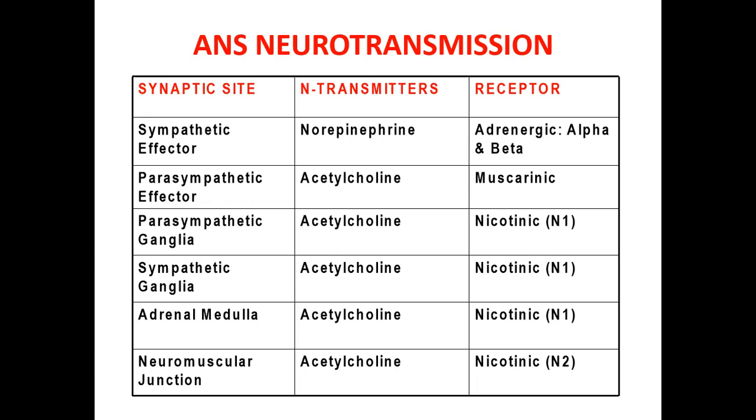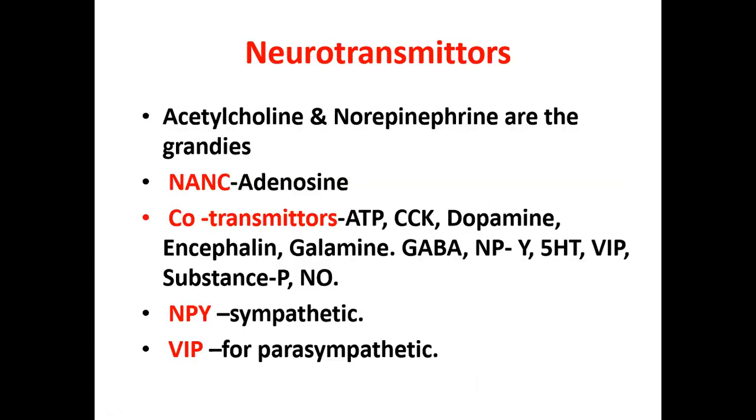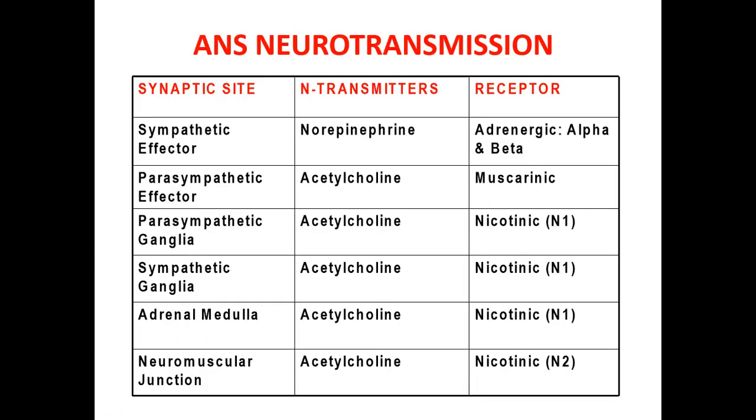In the adrenal medulla, acetylcholine is the neurotransmitter, and nicotinic N1 receptors are involved. At the neuromuscular junction, acetylcholine is the neurotransmitter, and nicotinic N2 receptors are involved, especially innervating the skeletal muscles. That is regarding the neurotransmission which occurs in the autonomic nervous system.